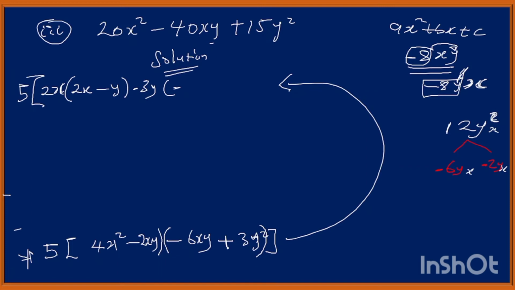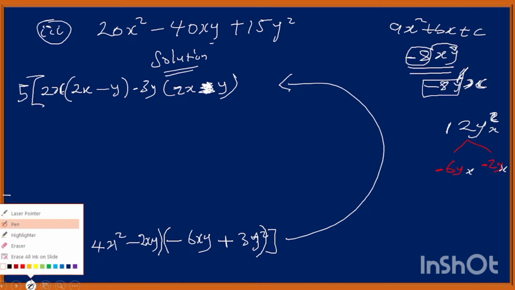Minus 3y is actually common. Yes, minus 3y. So this will give me 2x plus, this will give me minus y. So take that as minus.